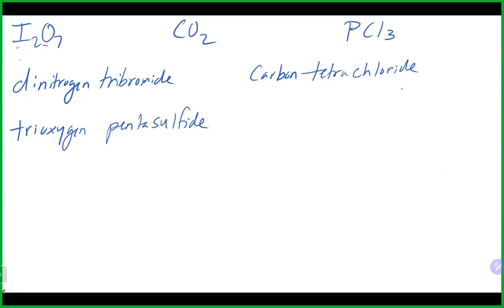So the prefix for 2 is di. And again, we use the whole name of the first element, iodine. 7's prefix is hepta. And oxygen, which is the second element, will get the IDE ending. We will, in this case, drop the A off of the hepta, so we don't get that A and O backing up. And once again, the second one does end with the IDE, like normal. Any questions on that one?